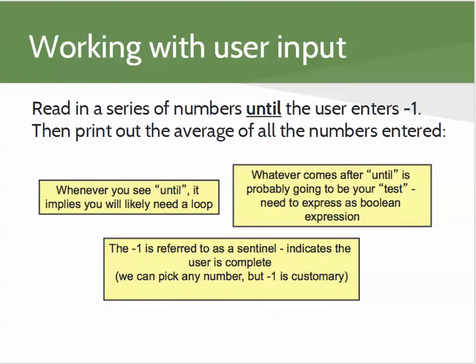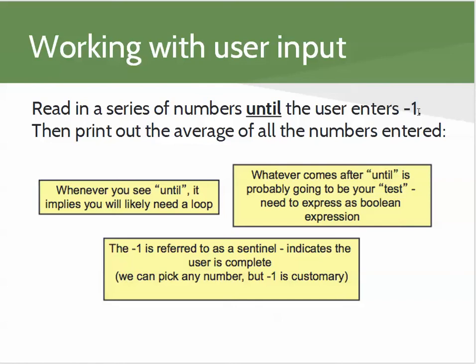Oftentimes, the logic goes a little backwards. We're going to read in a series of numbers until the user enters -1. To put that into a while loop, or a do while loop, we need to reverse the logic and say to ourselves, we're going to continue to read numbers while the user does not enter -1. So sort of the opposite of the word while is until. Until is usually followed by the condition to stop.